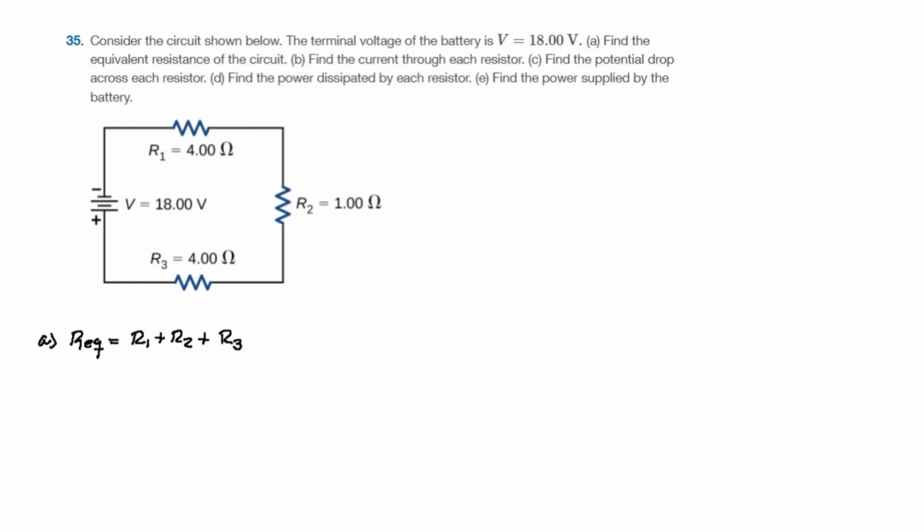So it will be 4 ohms plus 1 ohm plus 4 ohms. So this equivalent resistance will be 9 ohms. So here we have the equivalent resistance of this circuit. This is a series connection. That's why we found the equivalent resistance like that.